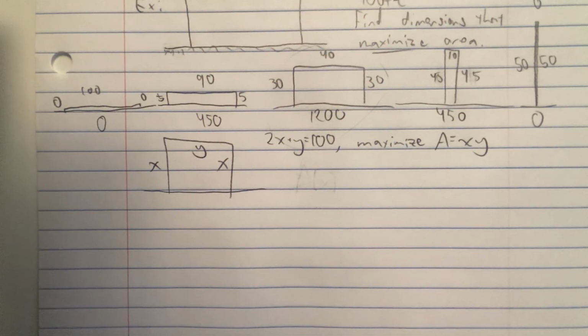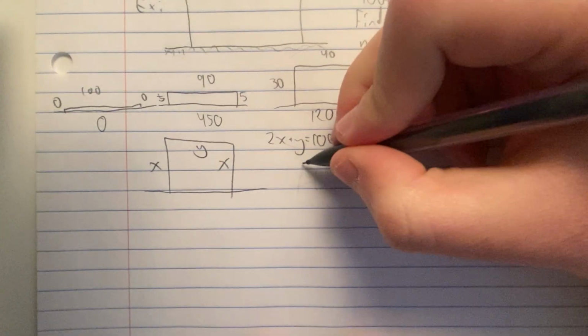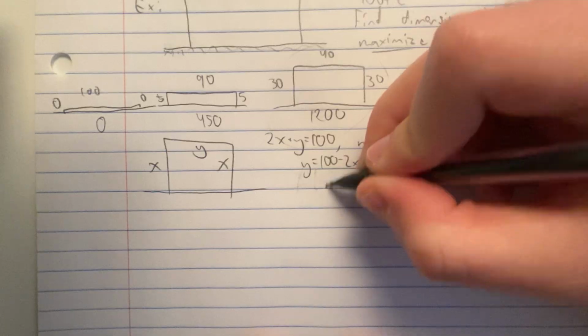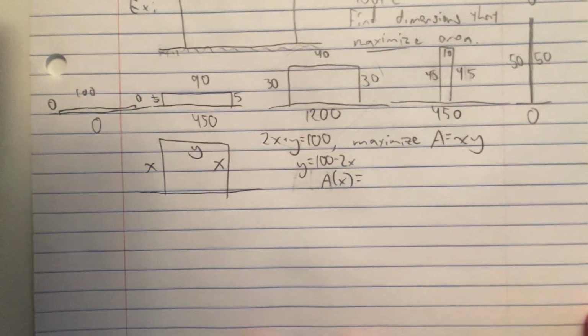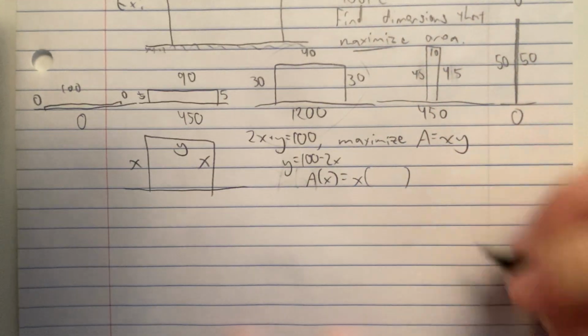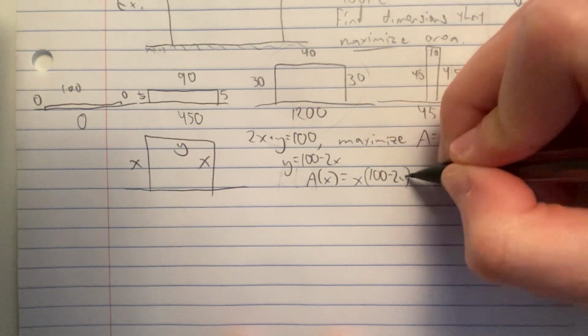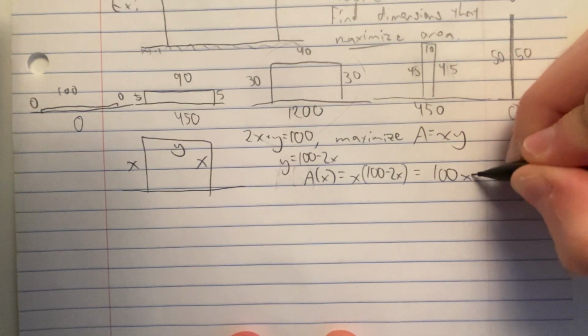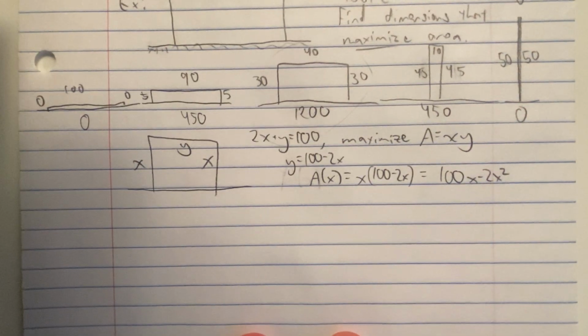Really, you could use either one of them. I'm going to eliminate y because it's slightly easier. So I'm going to say y is 100 minus 2x. And so the area, if I think of it just in terms of x, that's x times y, x times 100 minus 2x, using that substitution. Expanding that out, that's 100x minus 2x squared.